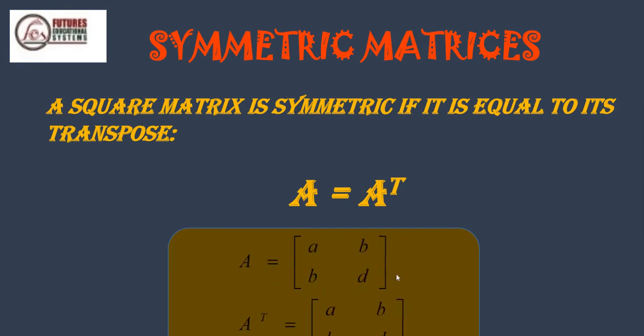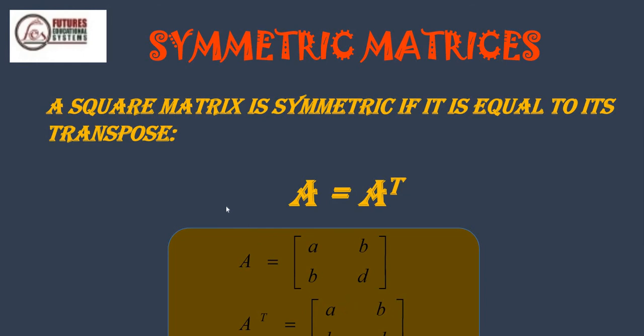Matrix A of order 2 by 2: A, B, B, C. It is the same matrix if we transpose it, because it's symmetric. Symmetric means the main diagonal stays, and this number is the same as this number. If we transpose matrix A, it gives me the same matrix.